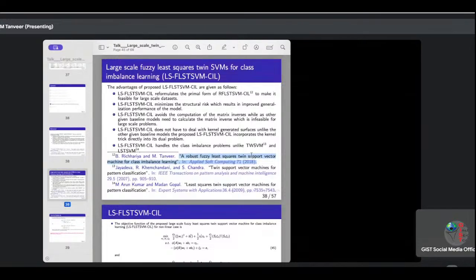It also minimizes the structural risk minimization principle to improve the generalization performance, and it also avoids the invertibility issues in the formulation. Next, it incorporates the kernel trick directly. And finally, which is very important, it handles the class imbalance problem.